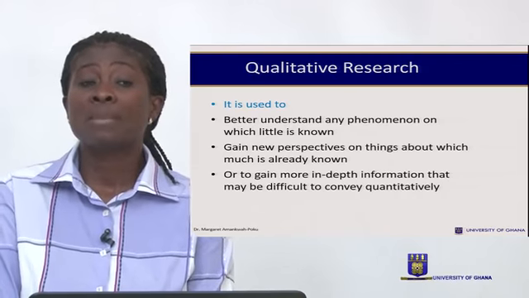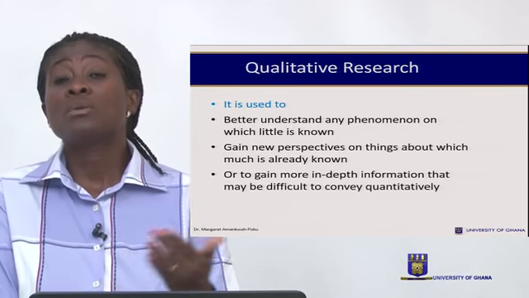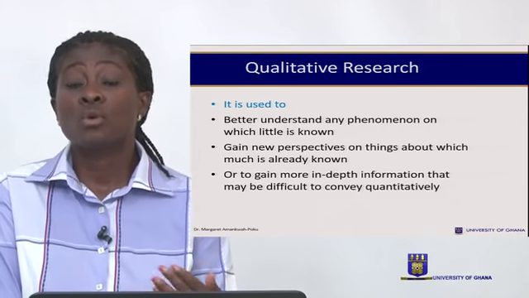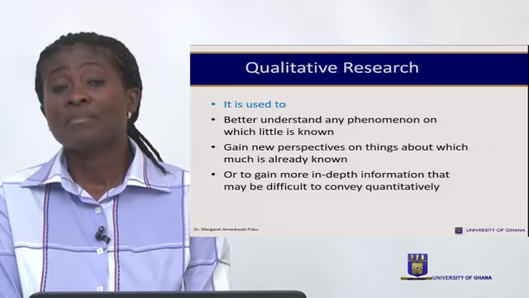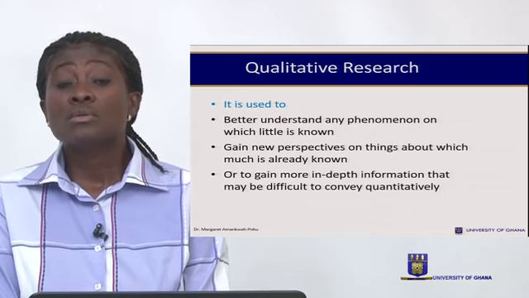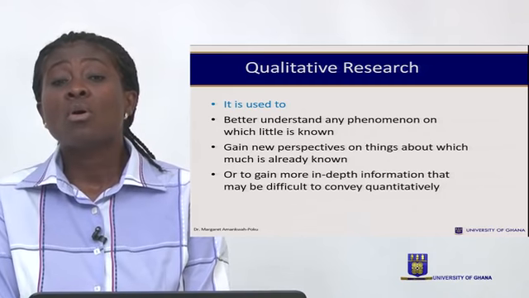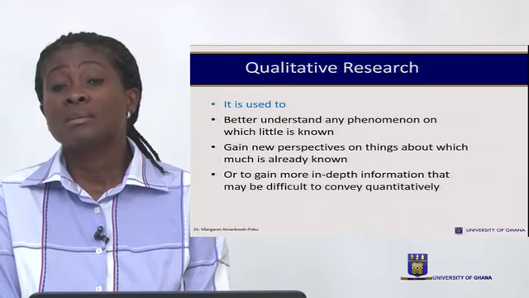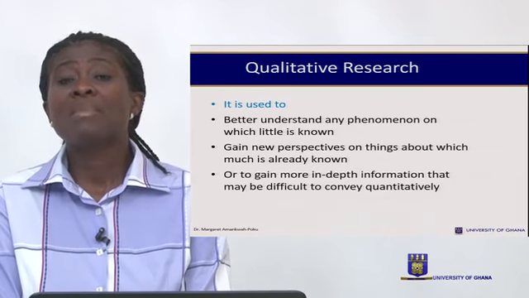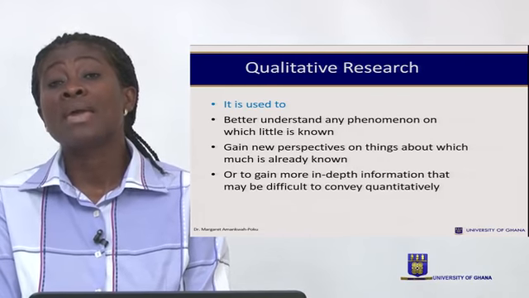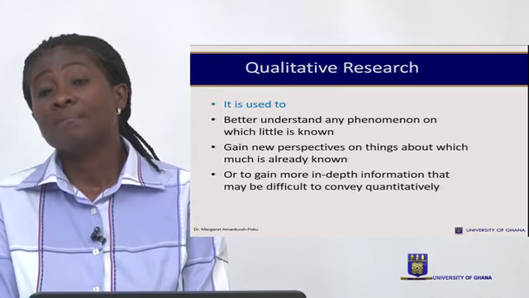So we know a lot about same-sex relationship, but we want to gain a new perspective, so we conduct qualitative studies. It's also used to gain more in-depth information about something that may be difficult to convey quantitatively.